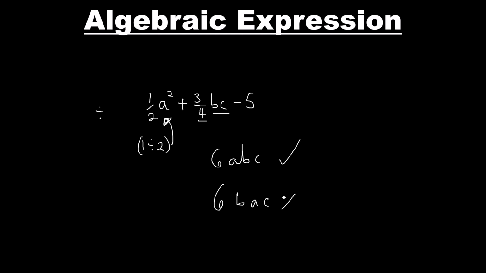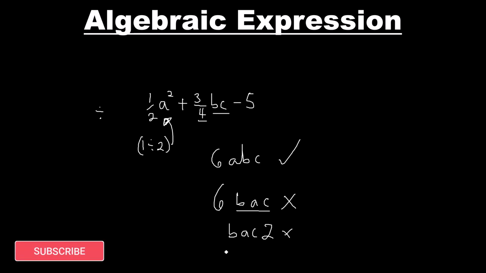It is wrong to write it this way because the alphabets are not arranged alphabetically. So this is the correct way, the ideal way of writing it. And we also do not have BAC2. No, it will be 2ABC. For this particular one, the alphabets are not alphabetically arranged and the number comes after the alphabet. So this is the wrong way of writing it.